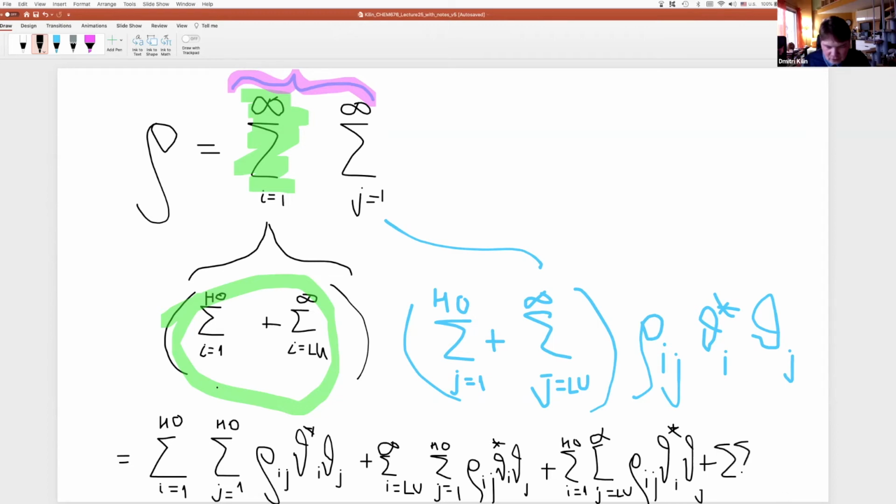So two summations, I and J. What should I go from?